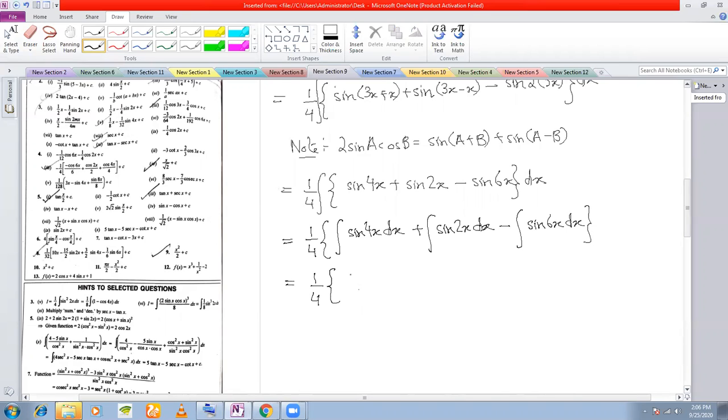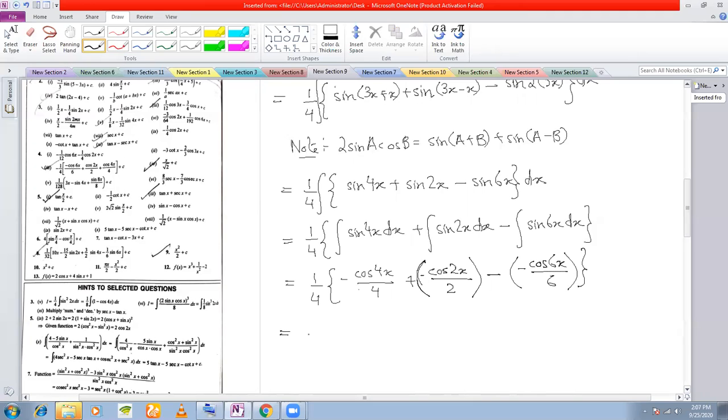What is the integration of sine 4x? It is minus cos 4x divided by the derivative of 4x, which is 4. Integration of sine 2x is again minus cos 2x divided by 2. And sine 6x gives minus cos 6x divided by 6.